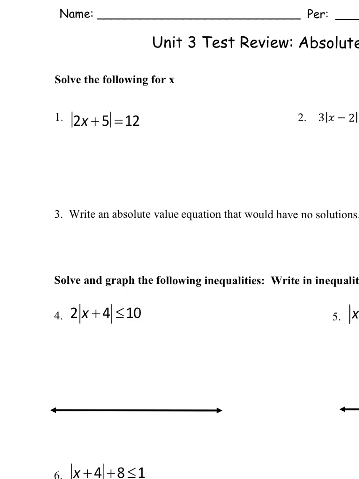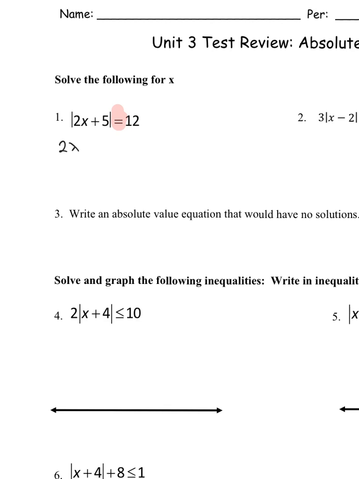So the first section is solving absolute value equations. If you see this symbol, the equal sign, that means that you should have no shading and no number line, okay? So the way that you solve these is make sure that your absolute value bars are by themselves, and in this case they are. There's nothing in front of it or behind it.